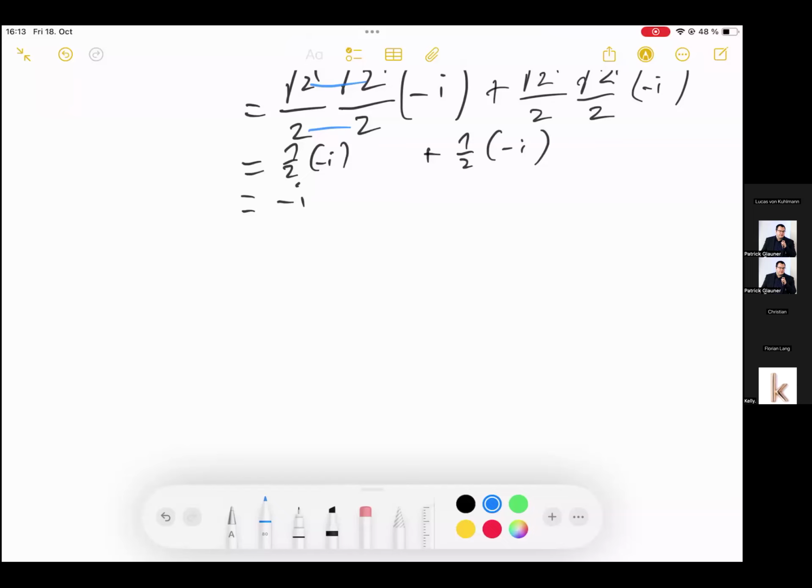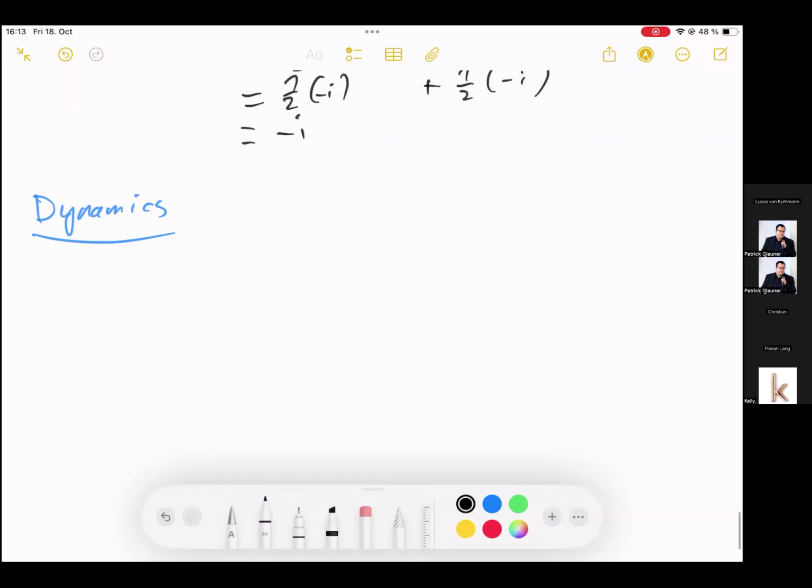Imagine you have, so we're now in dynamics, you have some quantum state psi. So we have psi ket, but we don't just say psi ket, but rather at some time t.